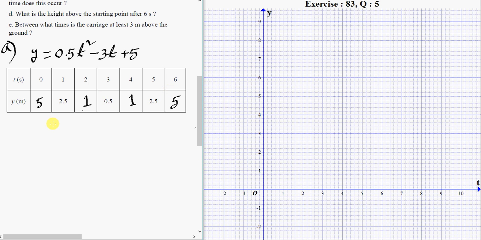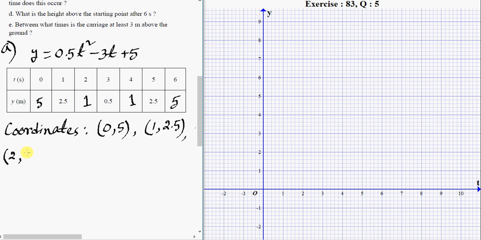So here the coordinates are 0, 5; 1, 2.5; 2, 1; 3, 0.5; 4, 1. Now we will draw these points on the graph paper.